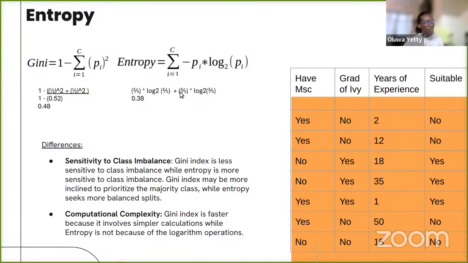You can't ignore the minus because when you do plus times minus, it becomes minus. So just look at this side as each instance of the probability, the yes and the no. But the minus there is because we are summing each of the instances. If there is a negative value, you multiply it by the summation and it becomes minus.